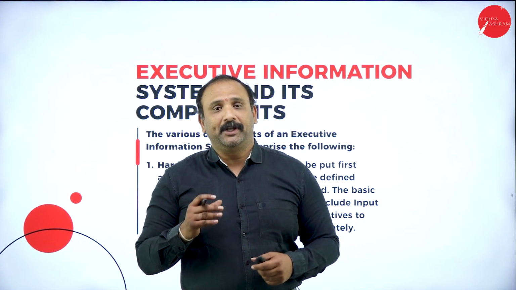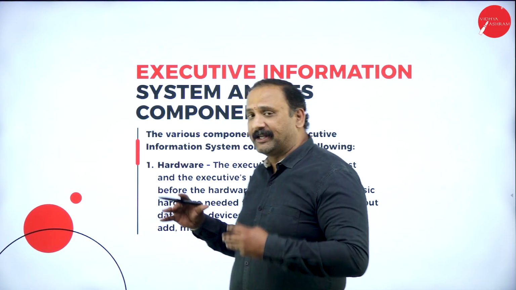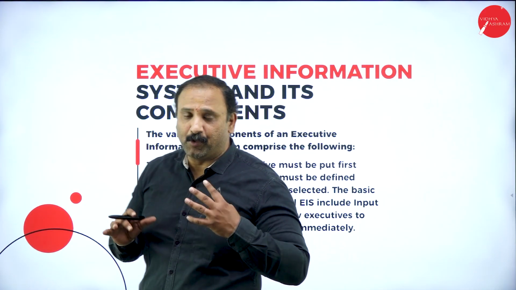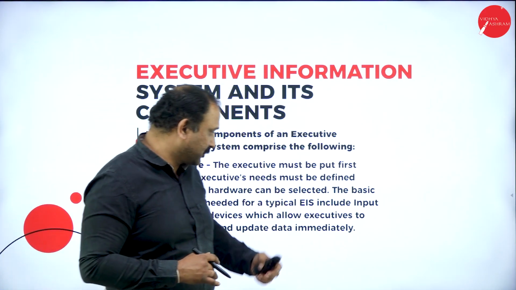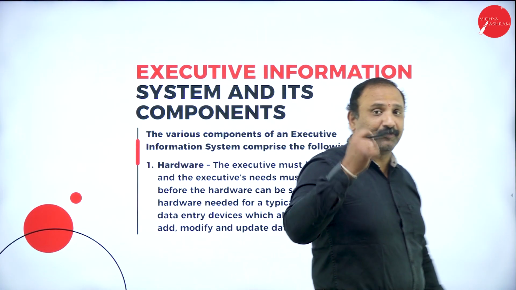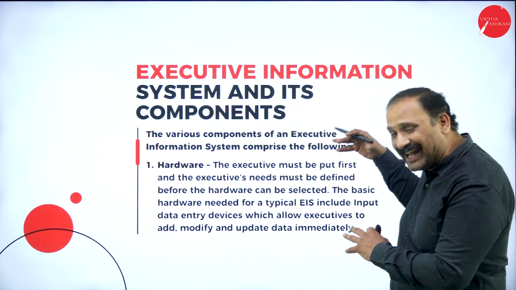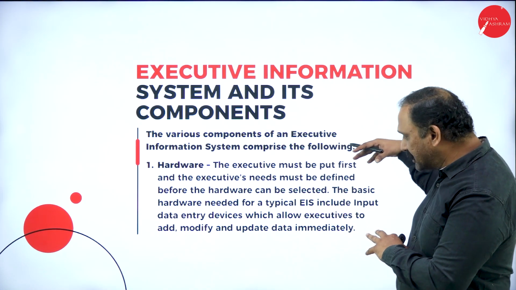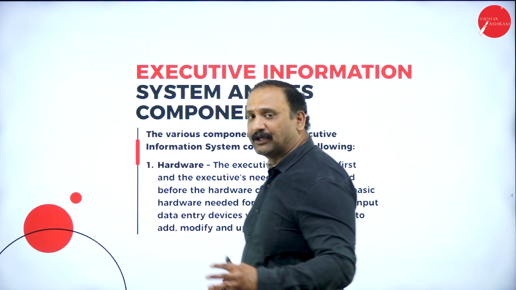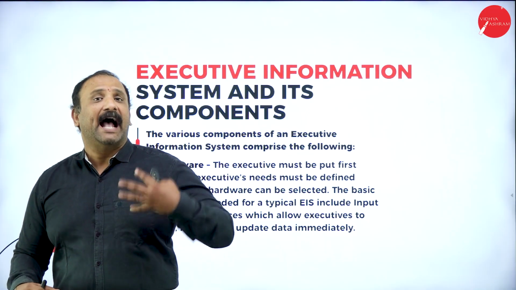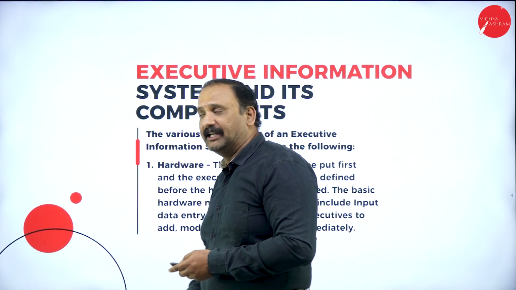So coming back, we need to understand why the hardware gets selected, and the hardware is the most important part, because typically every executive information system is dependent on the data entry devices that is going to allow the executive to add, to modify, and get the information that he needs.